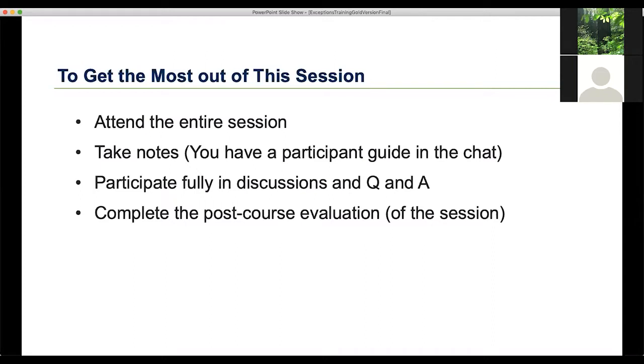There are upwards of 165 people now, so the Q&A is where we will have people hold their questions or ask their questions at the end of the session. And then at the very end, we have a post-course evaluation. This is not an evaluation of your learning today. This is an evaluation to help us determine how we roll out the learning, how we're presenting it, what worked best for you, and what didn't work best.